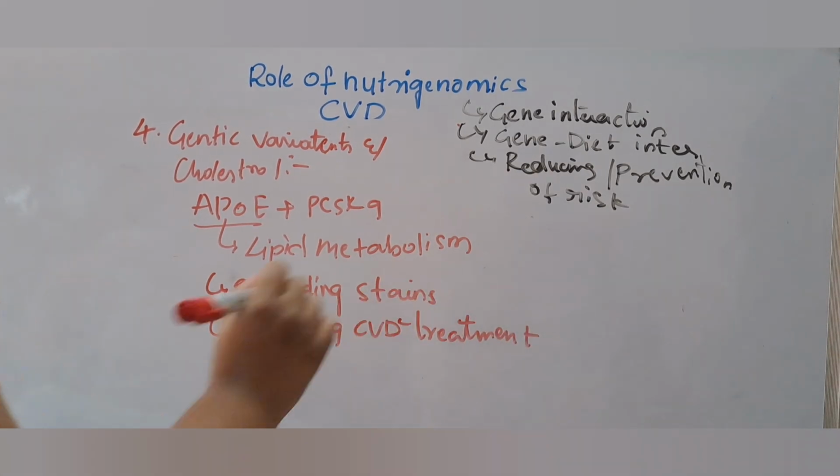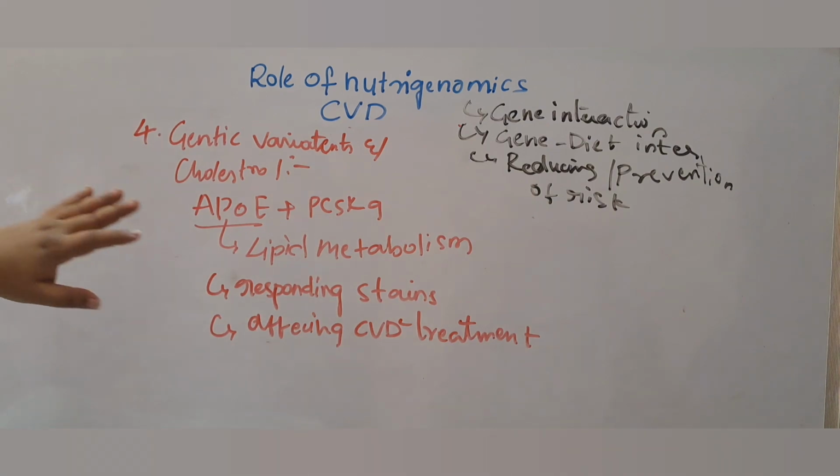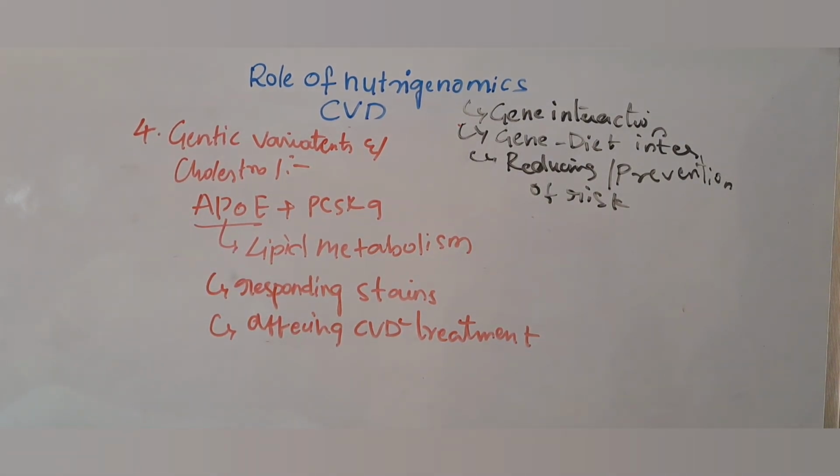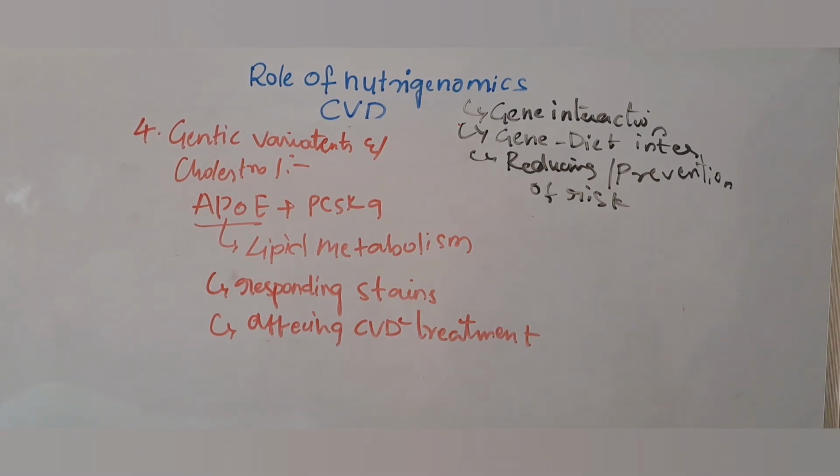So in genetic variation and cholesterol, we have two genes, the APOE gene and the PCSK9 gene. These two genes influence lipid metabolism, which helps to respond to statins, affecting CVD treatment.